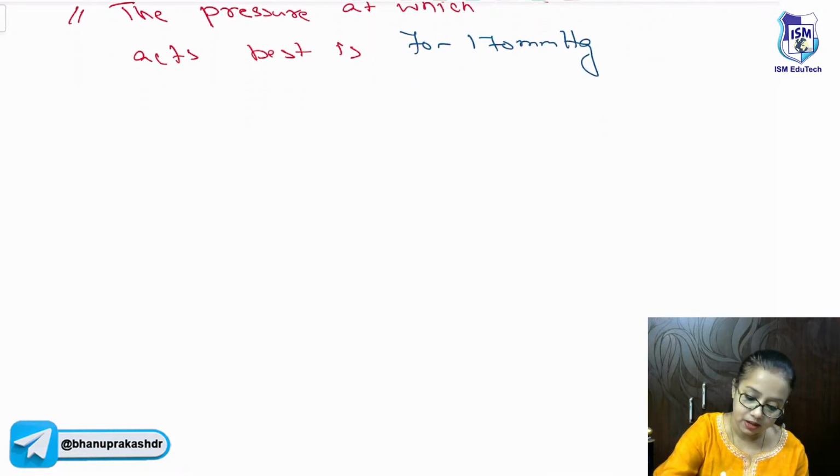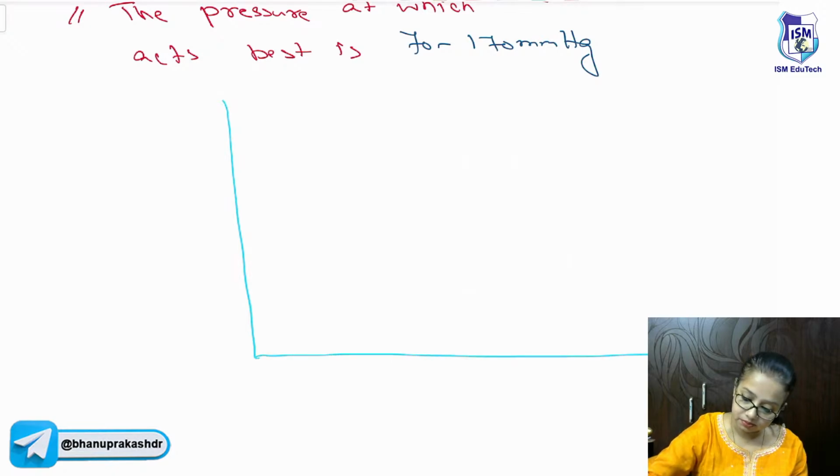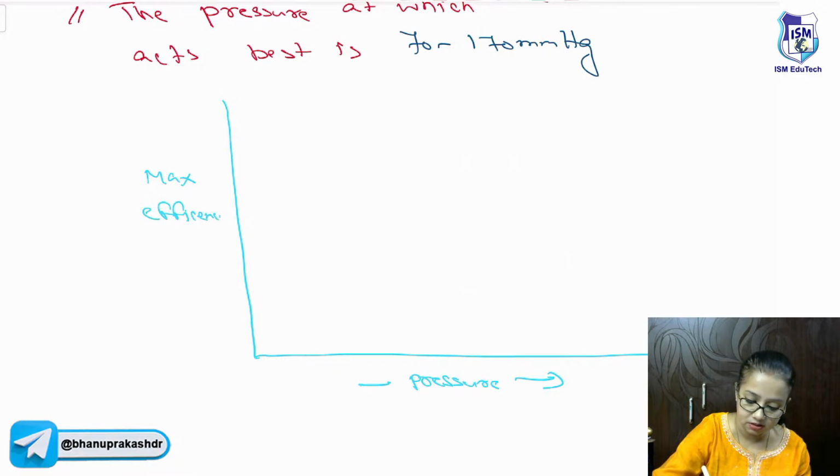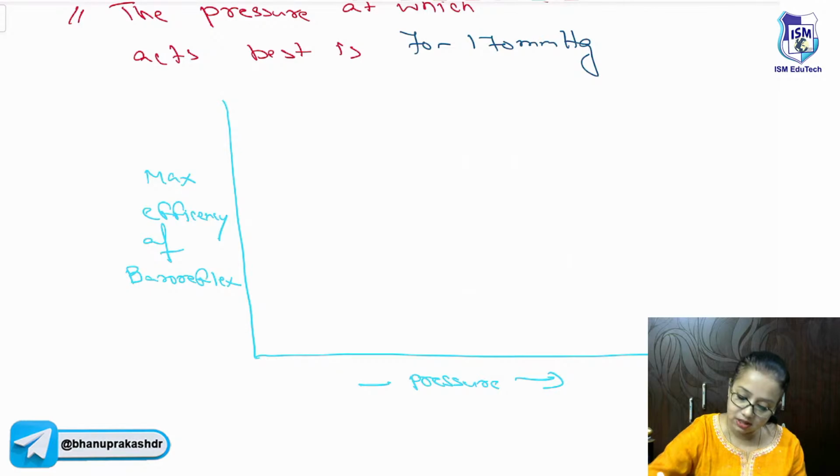So if we draw the diagram in a graph form, say this is the pressure scale, and this is the maximum efficiency scale of the baroreflex, and say this is 100. This is the midpoint, which is 100 mmHg.